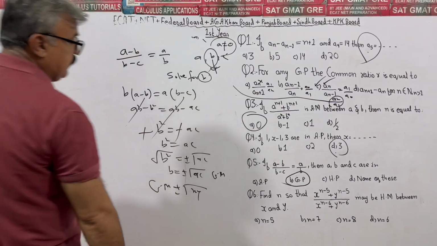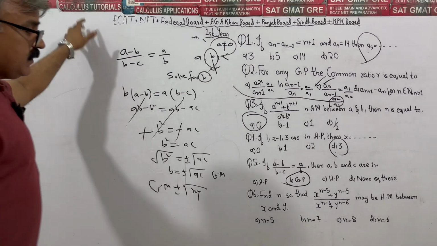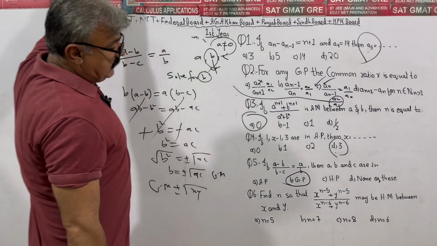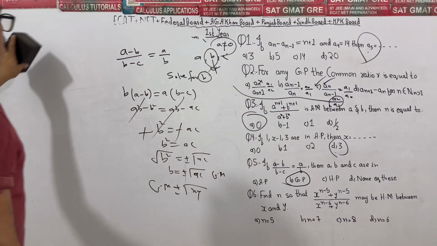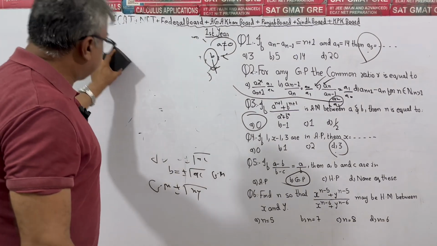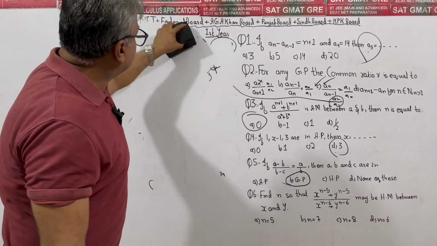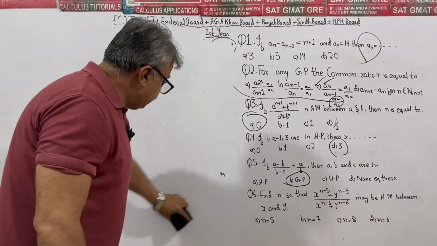Final question: for what value of n are (x raised n minus 5 plus y raised n minus 5) over (x raised n minus 6 plus y raised n minus 6) in HP, that is, the harmonic mean? What should be the value of n?